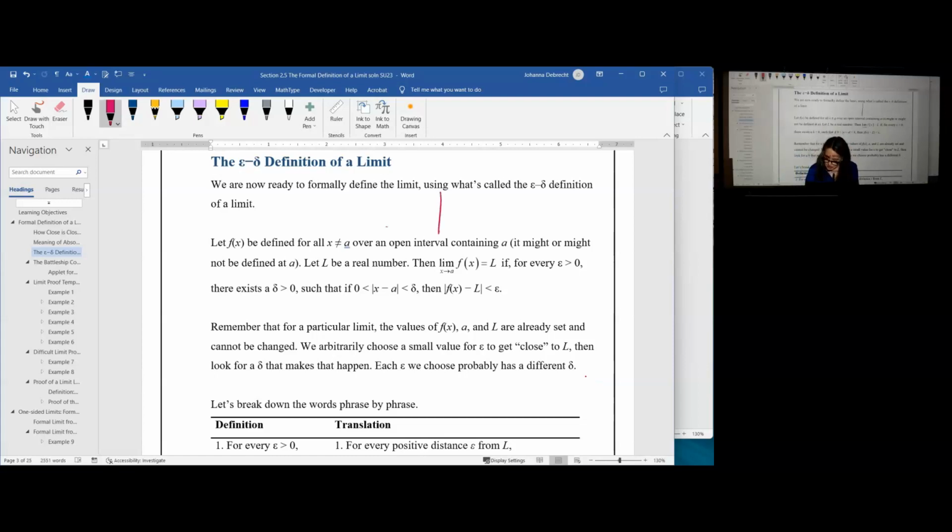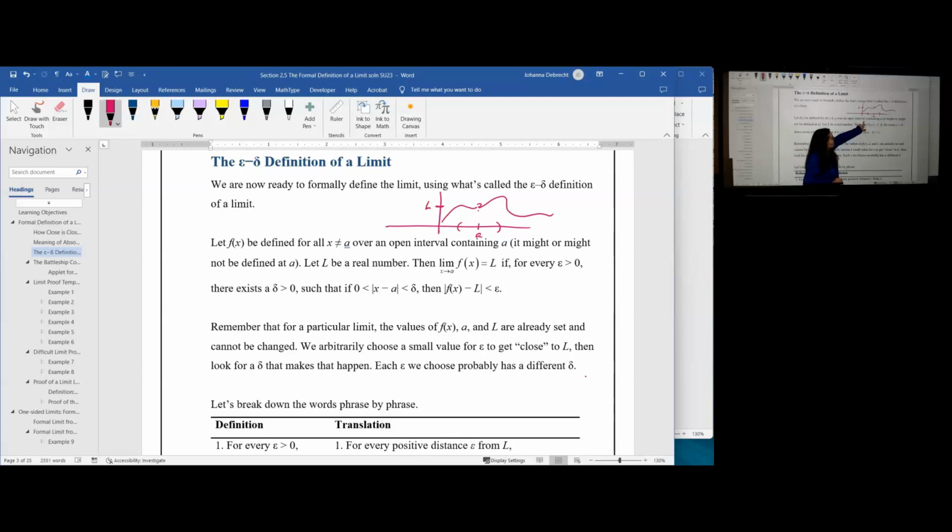We have a function, we have an a, and we know that the function is defined over some interval like that at every point, except we don't know what happens at a. So I put a question mark. Let L be a real number. Okay? The real number L represents the limit as x approaches a, which is going to be right here where the question mark is.